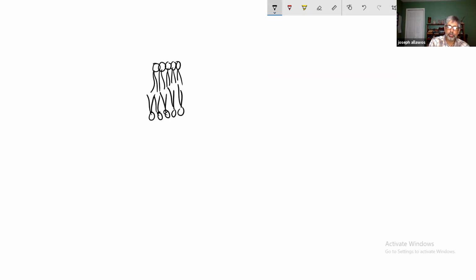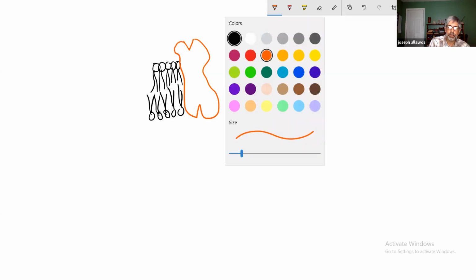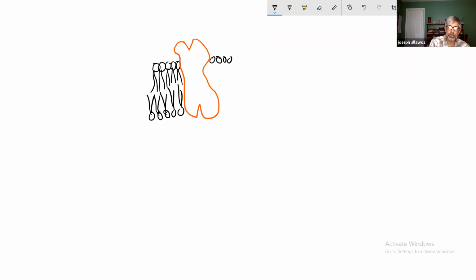And then we're going to draw a protein that's embedded and goes all the way through the phospholipid bilayer, and then we'll draw a little bit more membrane.